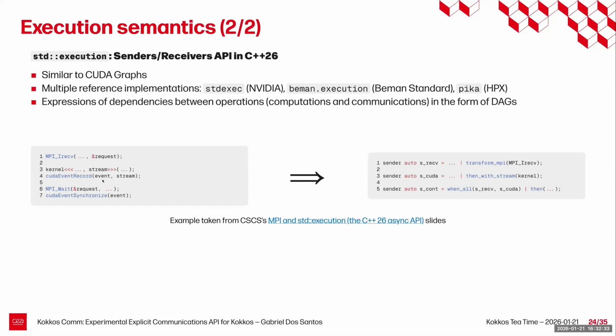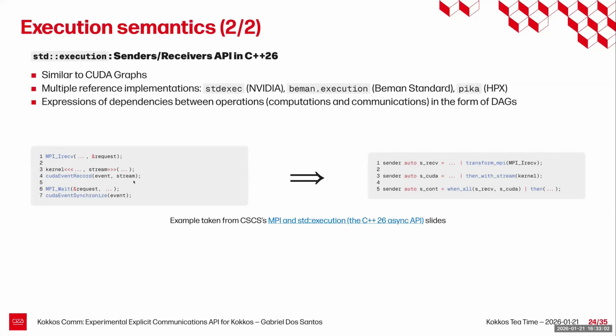So here in this example, on the left, you have the code that you would write today. You would initiate a non-blocking MPI receive, as well as a kernel, record that kernel in an event, and then synchronize both operations differently: MPI wait for the MPI receive, and cudaEventSynchronize for the kernel.